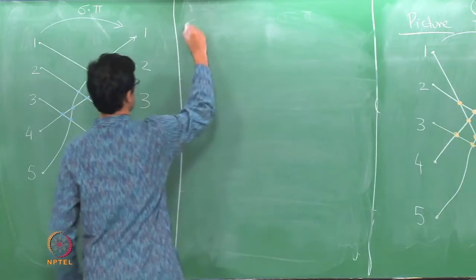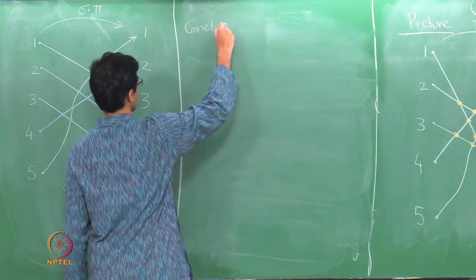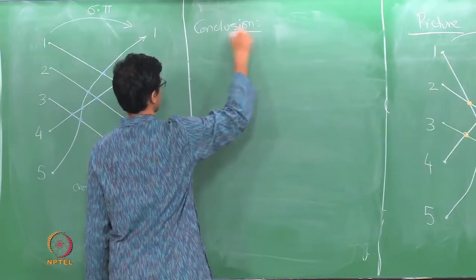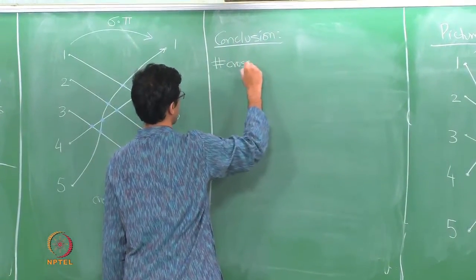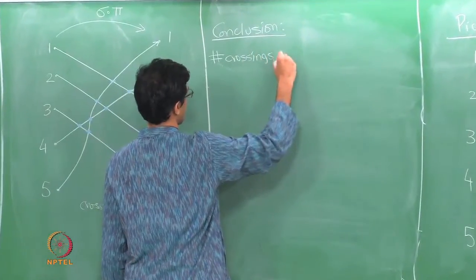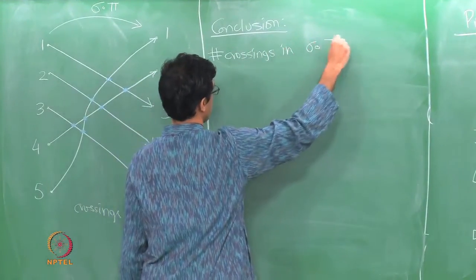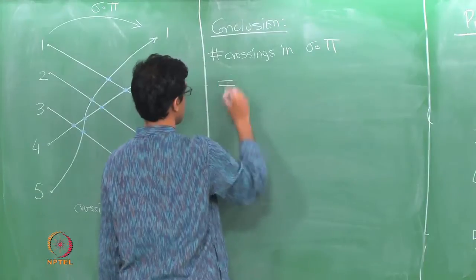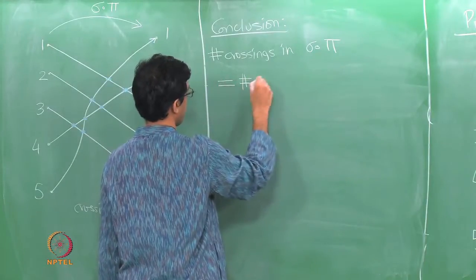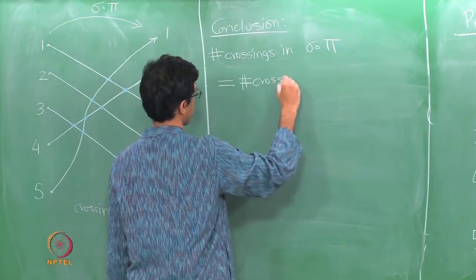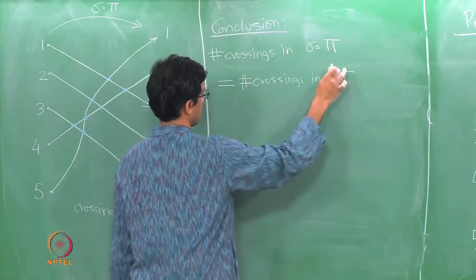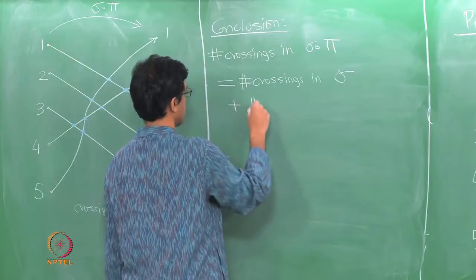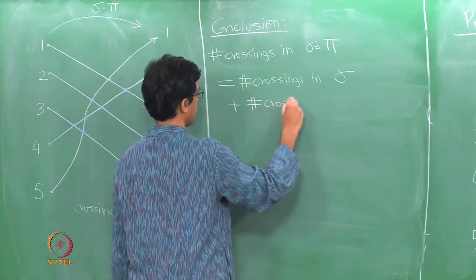So here's the very interesting conclusion of this whole discussion. If I want to count the total number of crossings in the composition of sigma and pi, you can obtain it using the following formula. You first count the number of crossings in sigma, to which you add the number of crossings in pi.